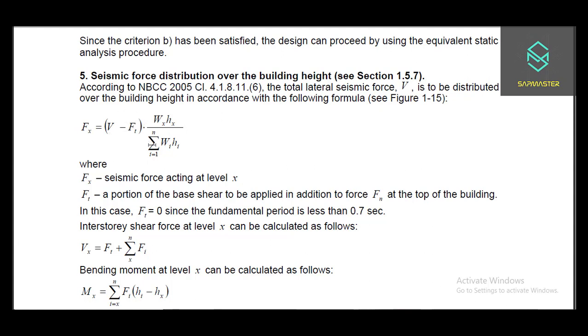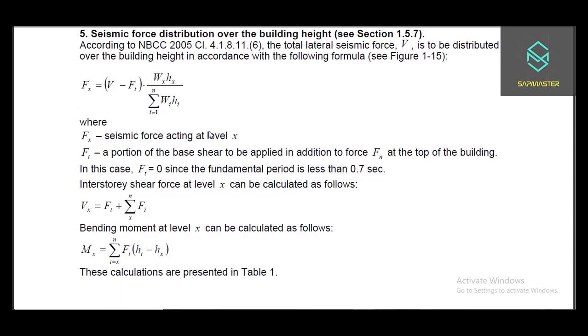Ft is a portion of the base shear which should be applied in addition to force Fn at the top of the building, right? But you don't need to do that when your period is less than 0.7 seconds, which in this case it is, so we will normally have V multiplied by this portion.